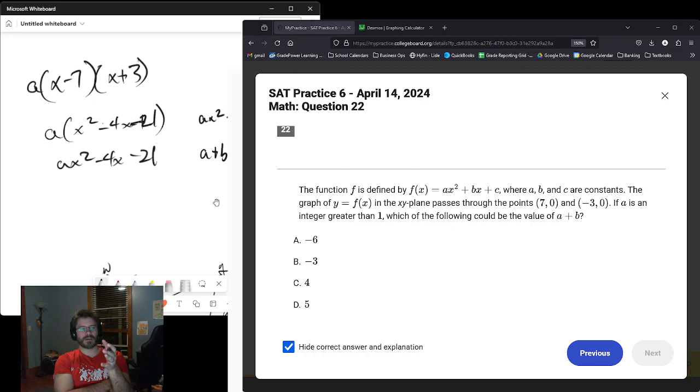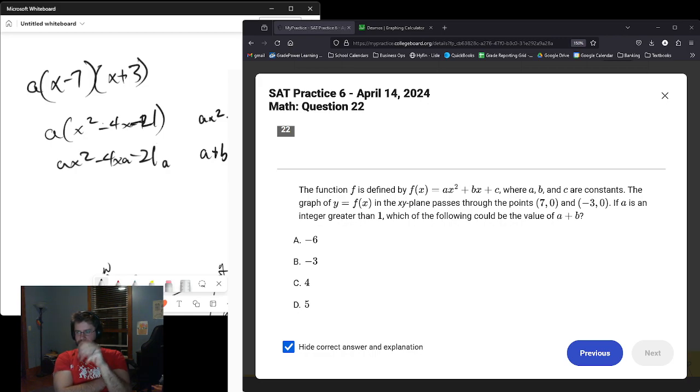So x minus 7 and x plus 3 are the binomial factors, but they didn't tell us the value of a. We don't know what kind of vertical stretch this is going to have, so we have to account for that. That's what I did by putting the a out front. Distributing that through, let me double check my distribution because I did it really quick. Negative 7 plus 3, yeah. So a times x squared minus 4x minus 21. Distributing the a through, each of these should get an a.